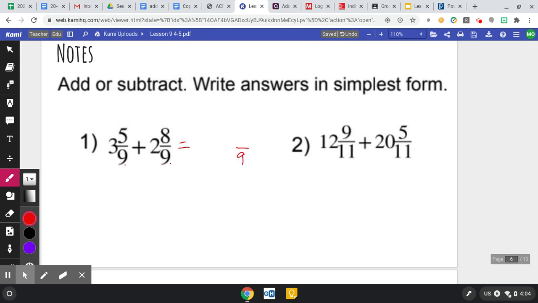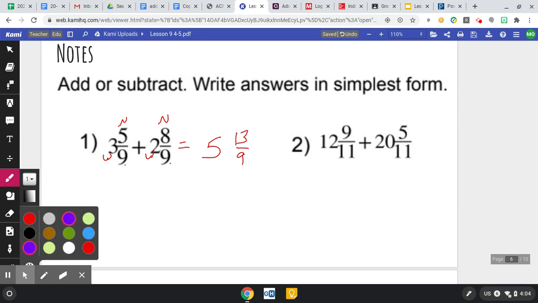Now I take my numerators and add them. 5 plus 8 is 13. Then I take my whole numbers, 2 and 3, and add those. This is not in simplest form because we have a larger numerator than denominator. That's an improper fraction in my mixed number.